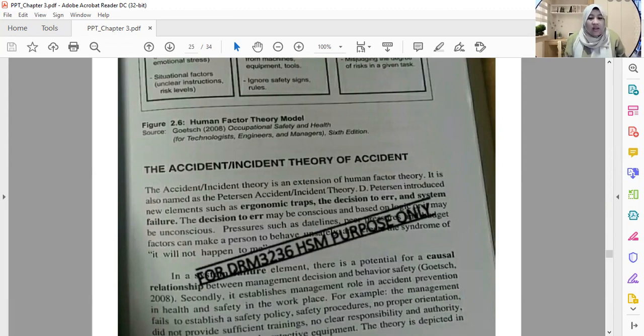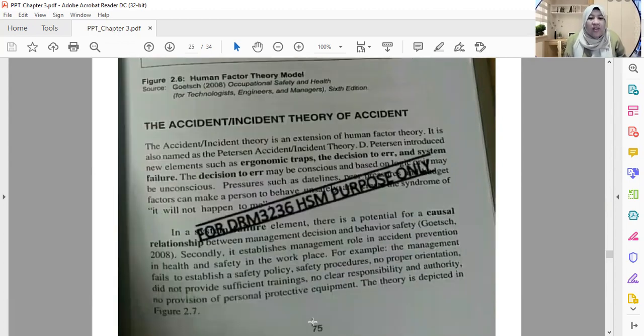And pressures such as deadlines and budget factors can make a person behave unsafely, and the syndrome of 'it will not happen to me', because the things that happen to us are unpredictable. So we can't say it may go to others but not me. No, because you have to avoid these things.